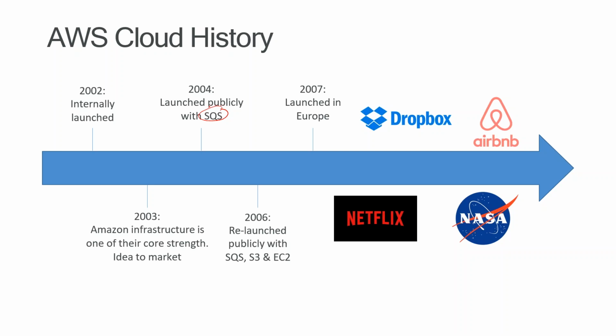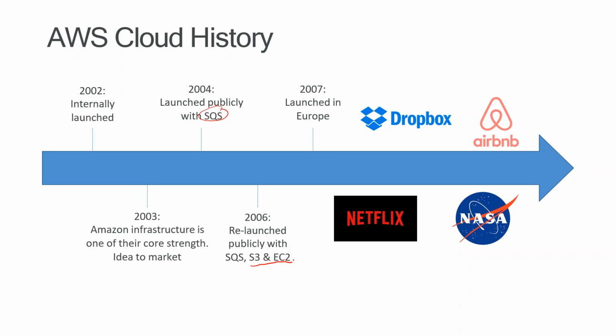But since it was a very individual service, it did not get much traction, and then they relaunched in 2006 with S3 and EC2, alongside SQS which was already launched. Now these services changed the game completely, and are still today the foundational services of AWS.